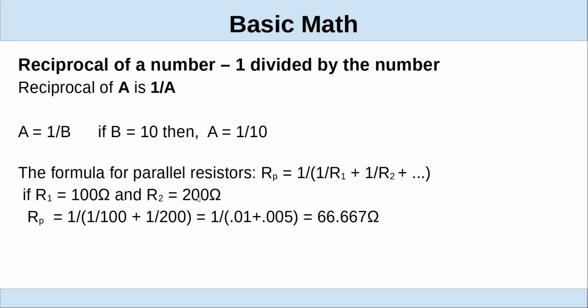If I had made this 2 million ohms, it's still going to be slightly less than 100. If it was infinite, it would be 100. So that's one way to make sure that you're in the right ballpark, because they never, at least so far, have 2 answers on the exam that are close enough together that you couldn't tell which was the right answer from that.